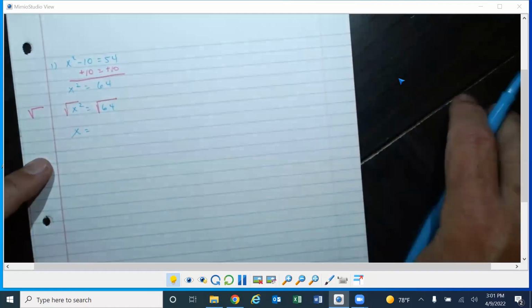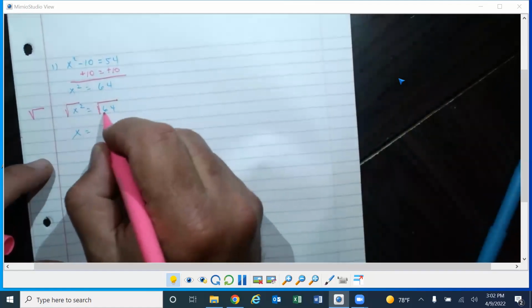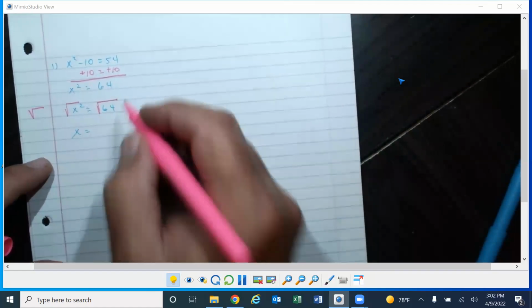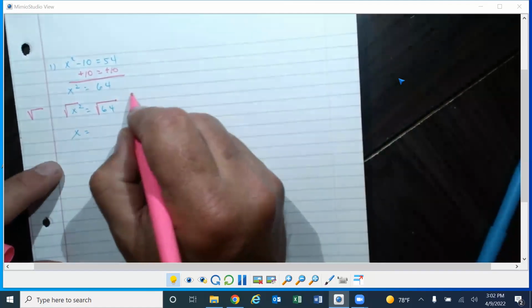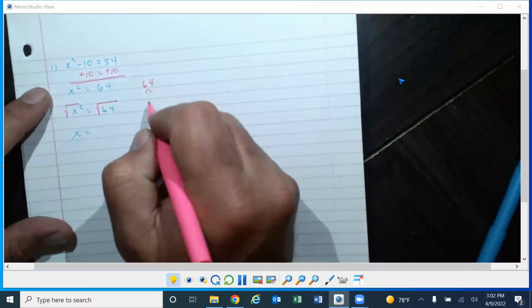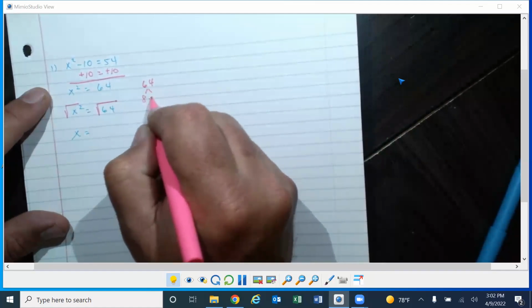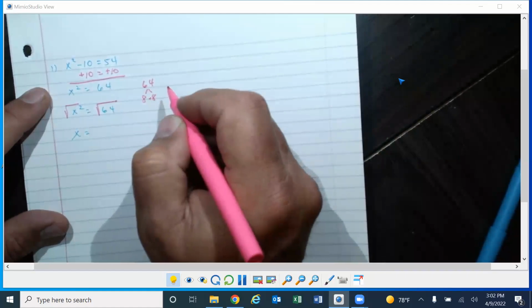Now, the next one is 64. All right, so you have to figure out what's the square root of 64. What they're asking is what number times itself gives you 64. If you don't know that, then you can take 64 in class like we did, and we came up with a factor tree. Now, common multiplication is 8 times 8.